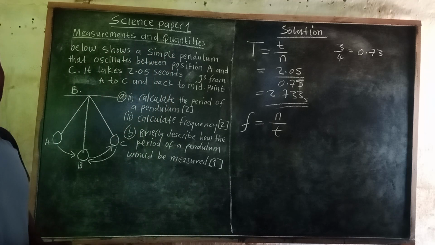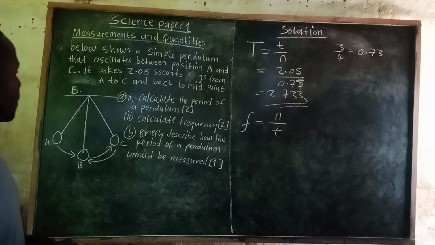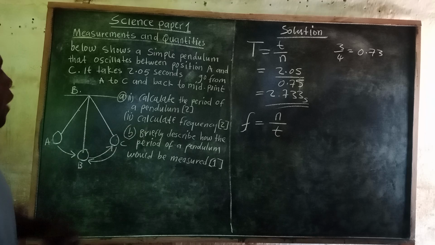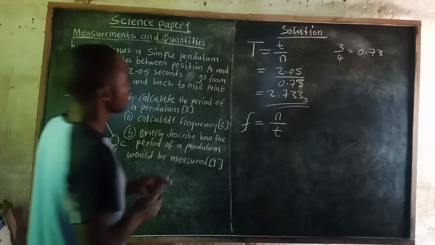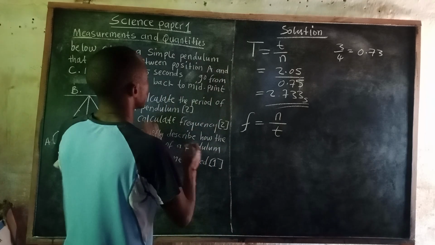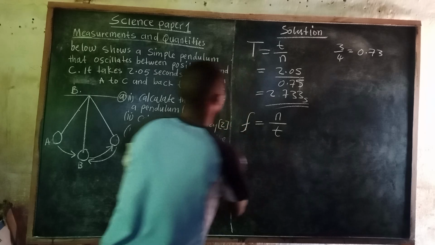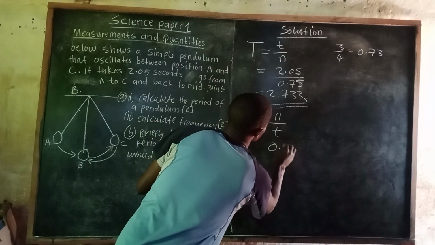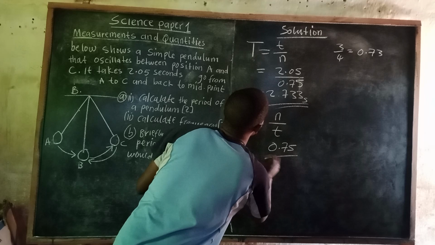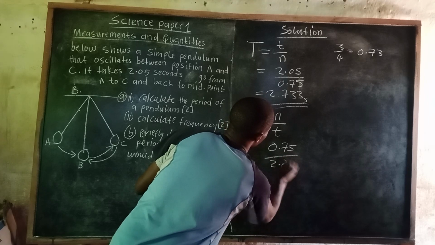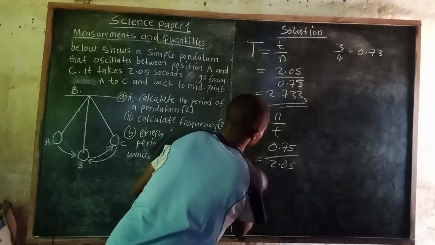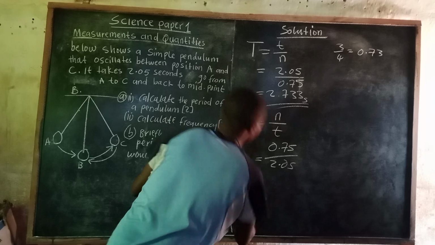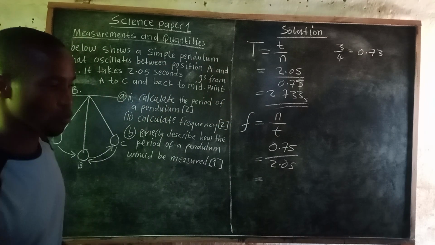Now let us substitute the same values that we have in the statement. So n is 0.75, over 2.05.